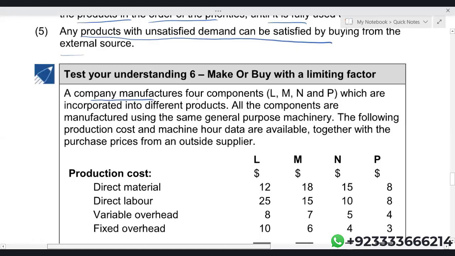A company manufactures 4 components L, M, N, and P, which are incorporated into different products. All the components are manufactured using the same general purpose machinery. The following production cost and machinery hour data are available, together with the purchase prices from an outside supplier.